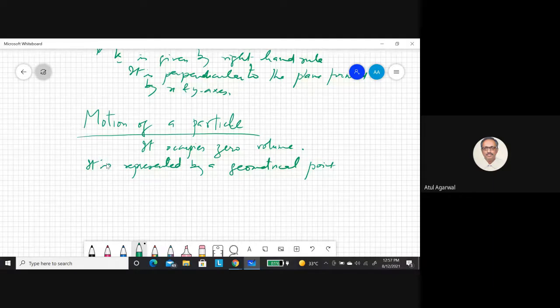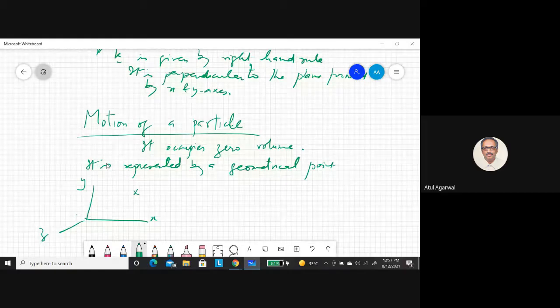Now, you choose a coordinate system for seeing this particle. You measure the location with respect to this coordinate system. You move in the x direction by distance x, again in the y direction by distance y, and the z direction. So you can reach a point x, y, z by moving along three perpendicular directions equal to the coordinates.